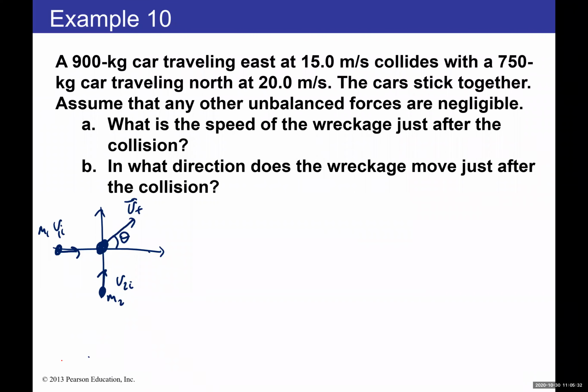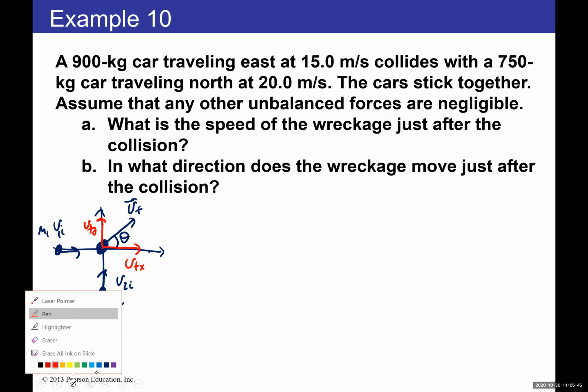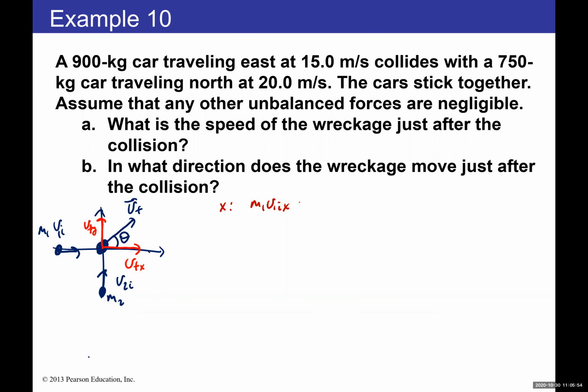All right, so you can see, if I'm looking at this, the final velocity can be broken down into v final x and v final y, right? And when I'm doing my equations, I have two equations. In the x direction, m1 v1 initial x plus m2 v2 initial x equals m1 plus m2 times v final x.